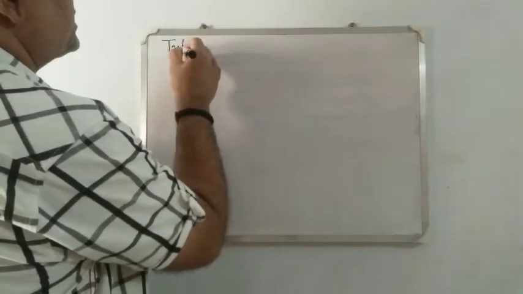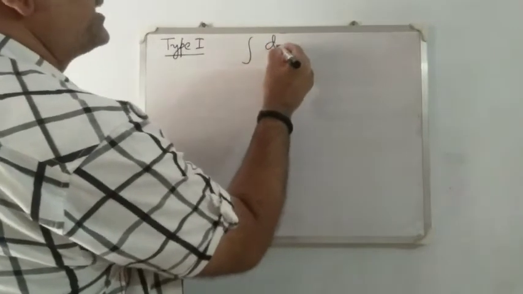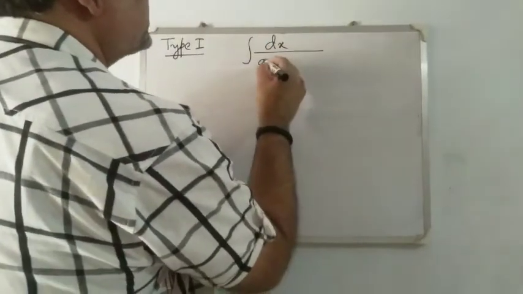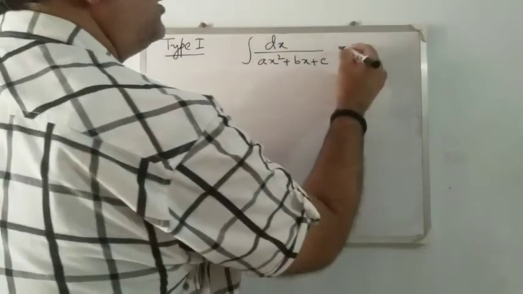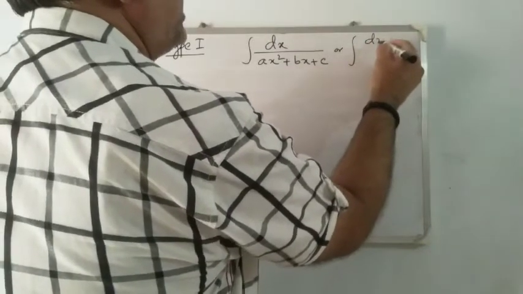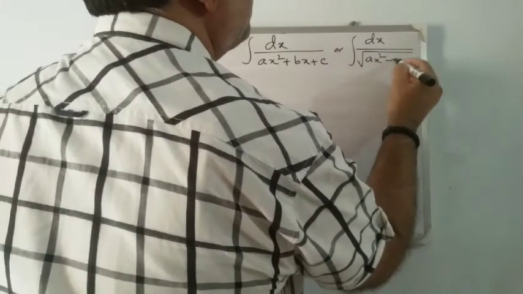But we should start here from type 1, because as soon as the complications start, we will have to think in different types. Now, the type 1 that we have to discuss is integrals of the form dx divided by ax square plus bx plus c, or integral dx by root over ax square plus bx plus c.